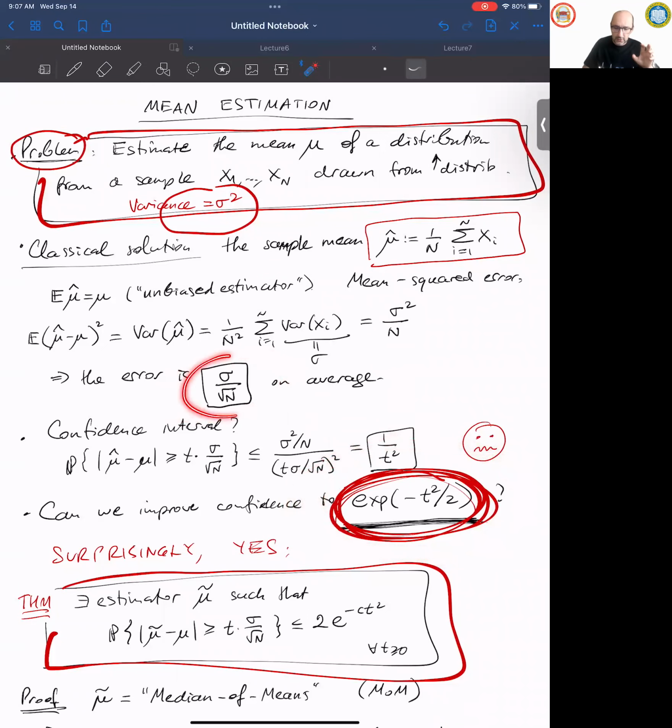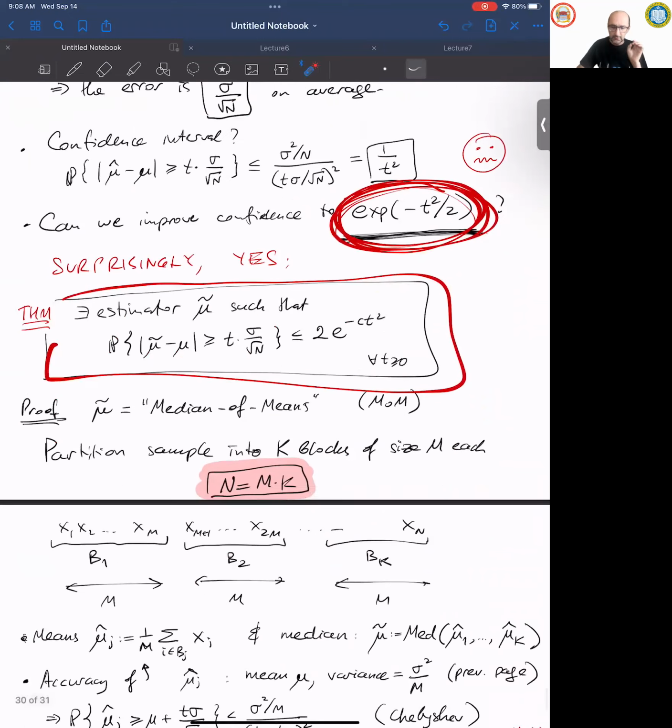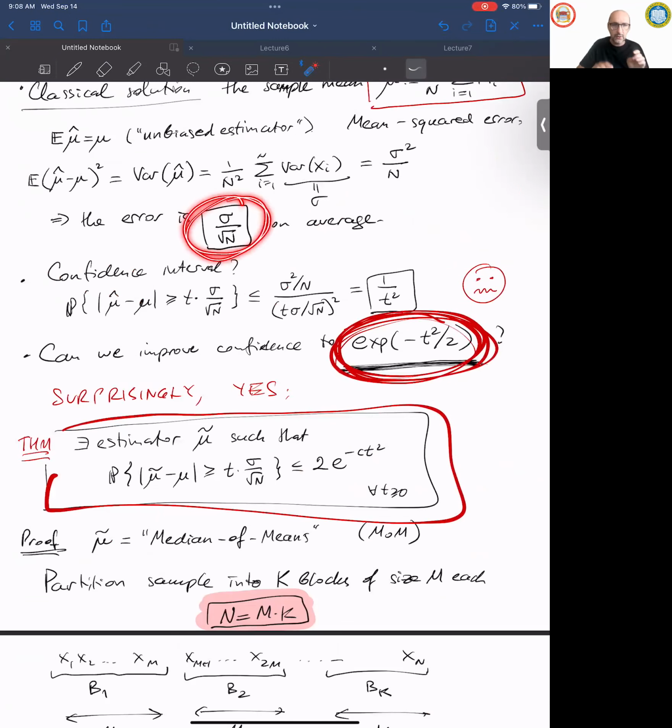As far as the approximation goes, that is what I do not know, but check. Maybe there is a constant factor that I'm missing here. Maybe the classical solution is sharper. With the median of means, maybe the average error is slightly larger, maybe a factor of 1.03 or something like that. I do not know.